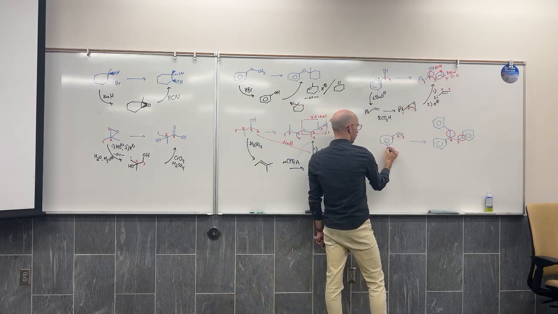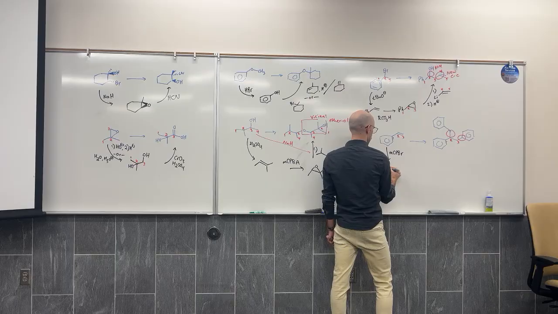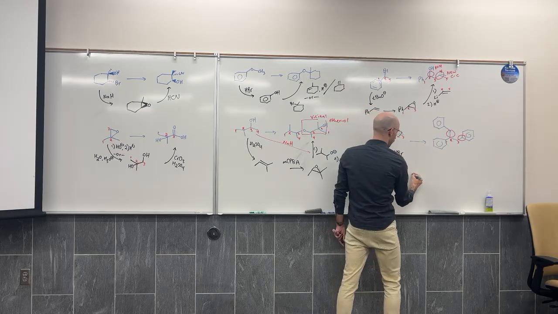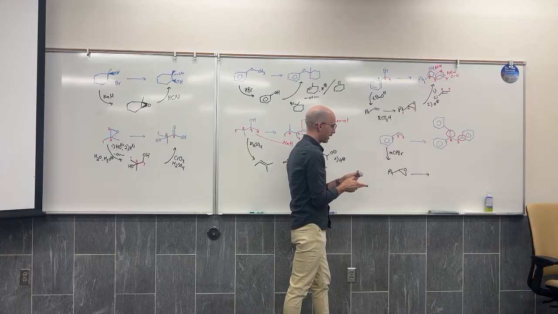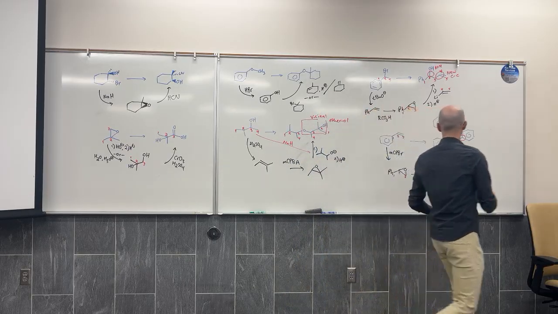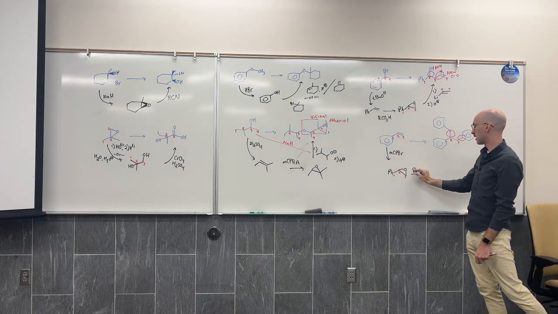So I'm going to start this time by saying let's just get to the epoxide. Now that I have the epoxide, I can add that new carbon group. Carbon 3 needs to be attacked by an aromatic ring.